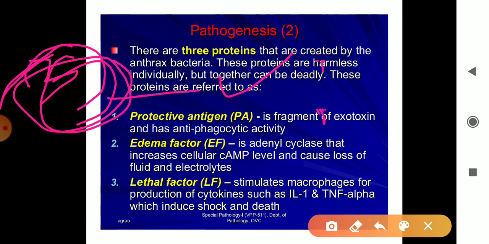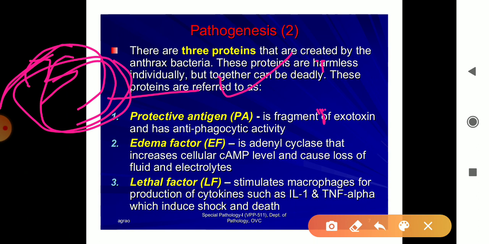The protective antigen protects the organism from the host immune system and host defense mechanism. The edema factor causes a marked increase of adenyl cyclase. As you know, the adenyl cyclase enzyme causes heavy drawing of fluid from the body, and it causes the edema.